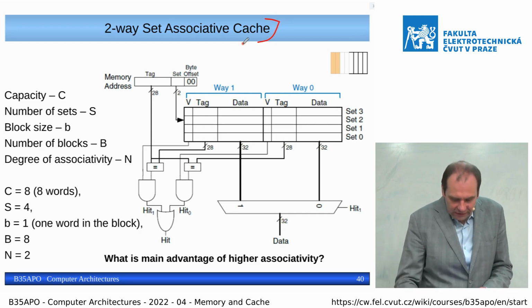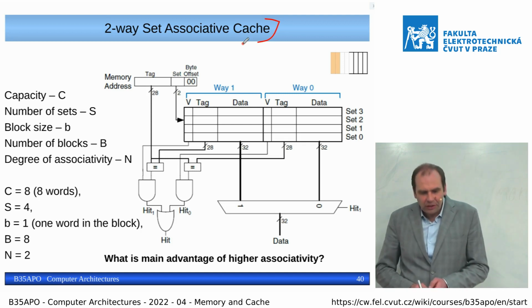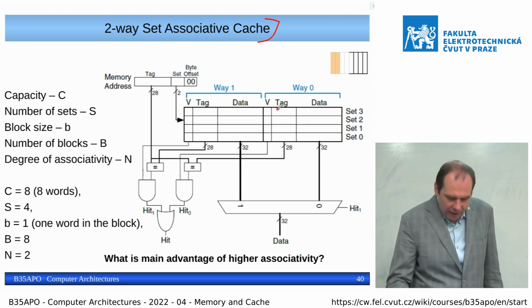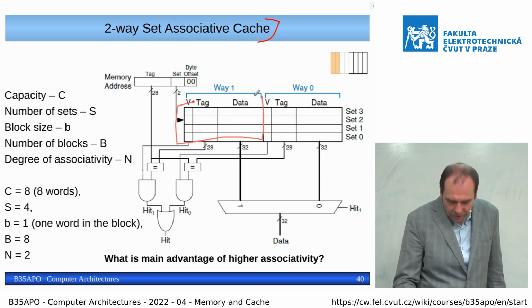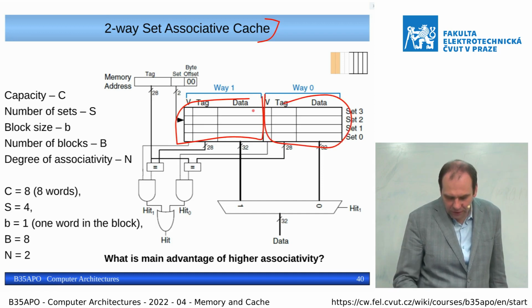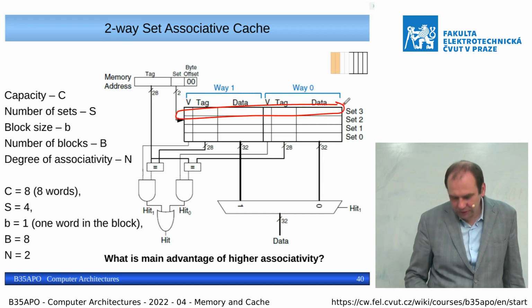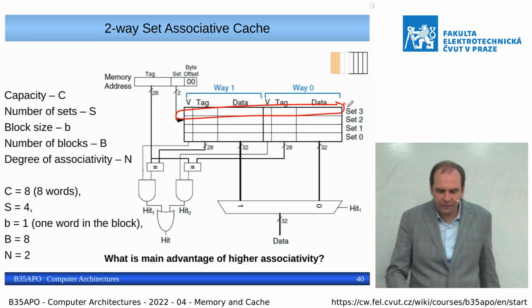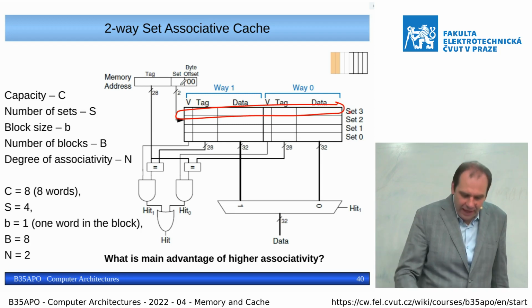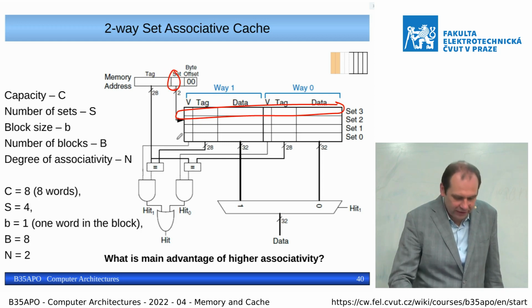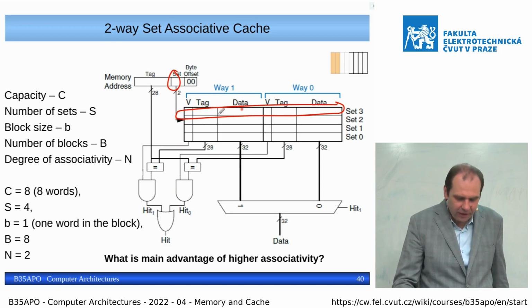For this reason, that there can be collisions in the cache, we usually want a more-way set associative cache. So in fact, we divide the capacity, for example, for our initial 8 rows, we divide it into 2 ways, each of 4 words, and we put the pairs of those rows into sets, and we select the set by 2 bits at this moment, not 3, because that third bit was for the case that we have 8 words.